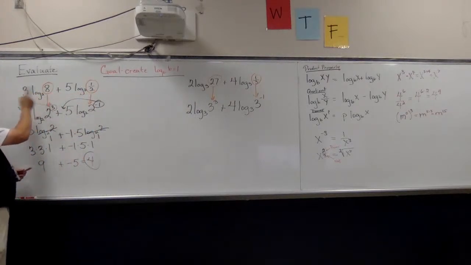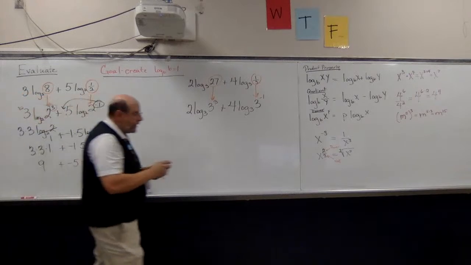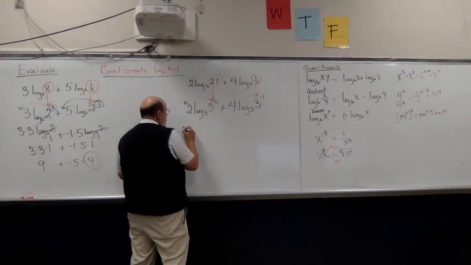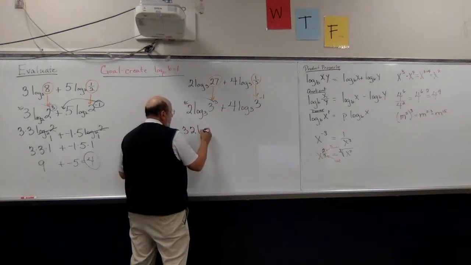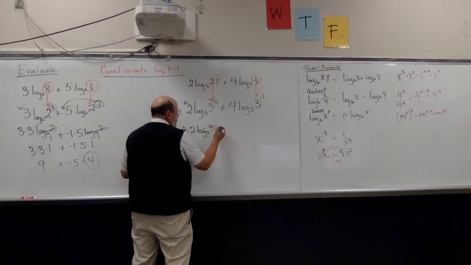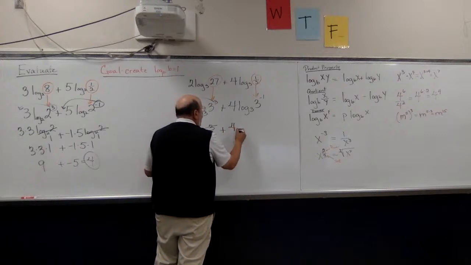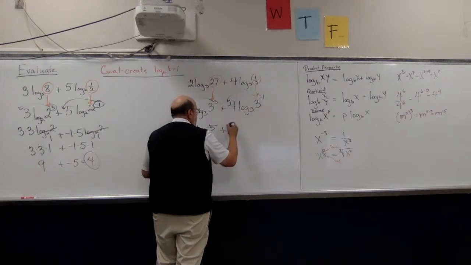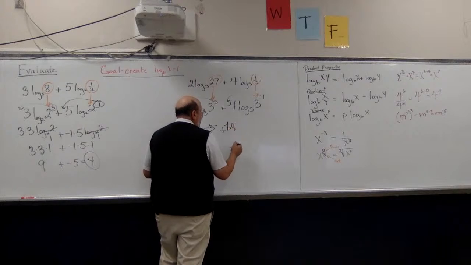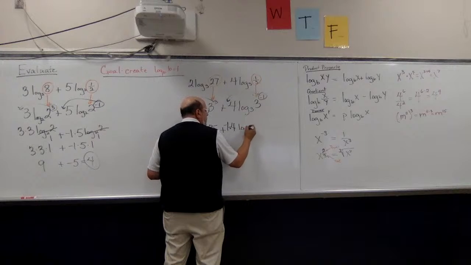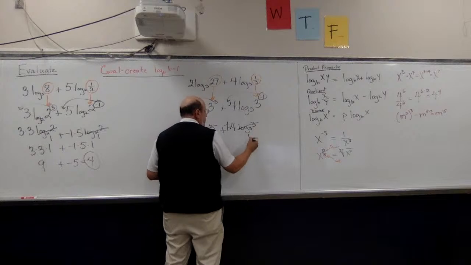All right, well, what did I do over here? I took my powers and I threw them up front and I rewrote. And I was able to cancel. So, throw it up front. 3 times 2. Log base 3 of 3 cancels, gives me a 1. Plus 4. What did I forget? -1 times 4. Log base 3 of 3 cancels, gives me a 1.